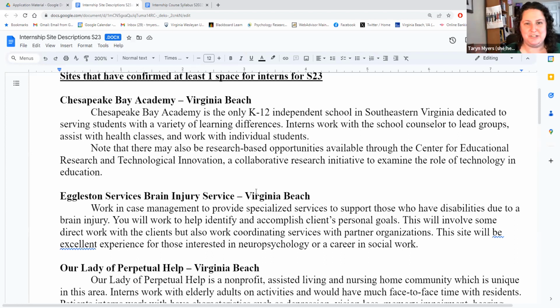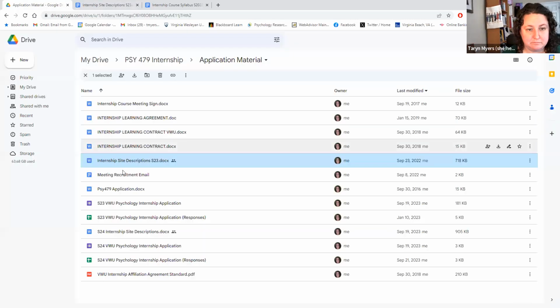I had an adjunct whose office is in that building, and we worked together to meet with the head of school. We've had at least one intern there every year since, and sometimes 2 or 3. So I'm always willing to collaborate and come up with new ideas and help you connect with people. Or if you know somebody already and you've chatted with them, that's another option as well.